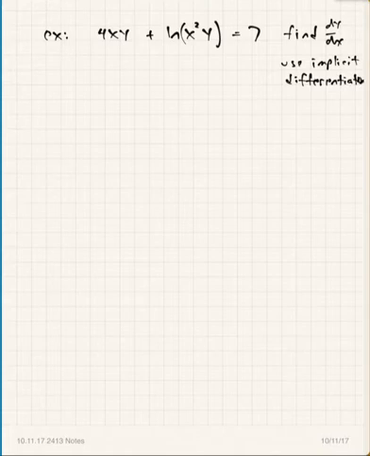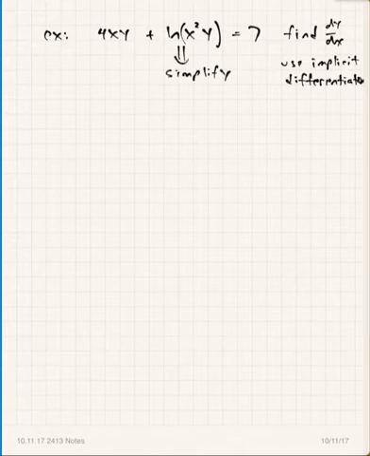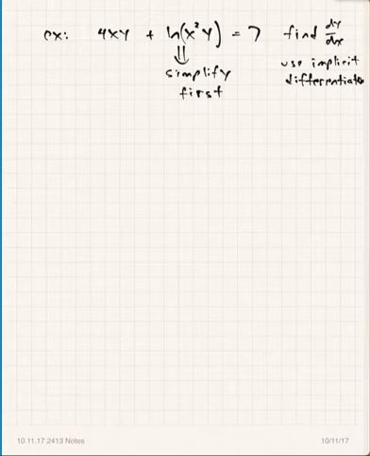All right, and so you're going to differentiate both sides of the equation. But what would you do first? Again, you have a natural log in here. I would simplify that first. So don't jump into this problem until you can make sure that all your logarithms are simplified as much as you can get them, and then differentiate.